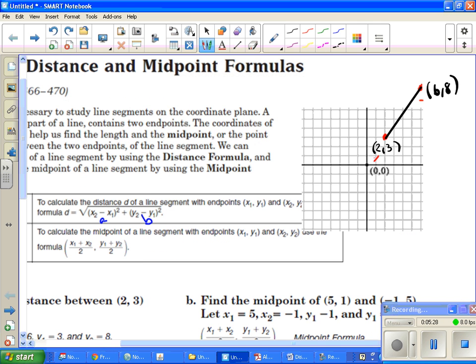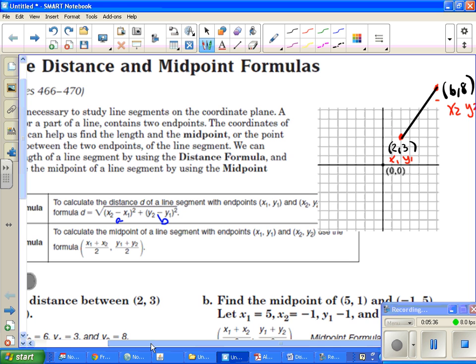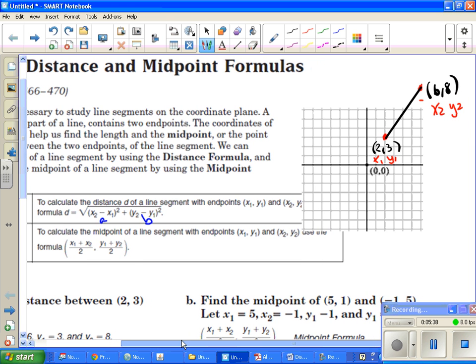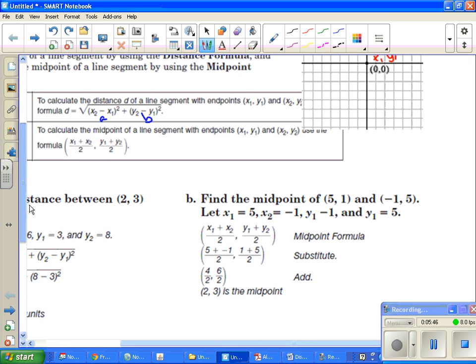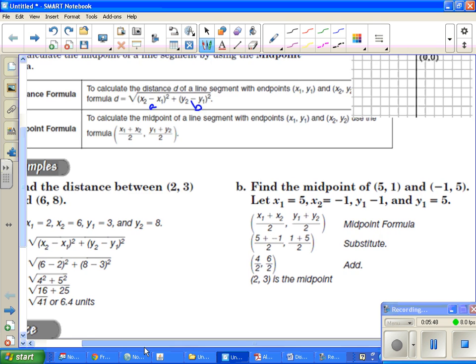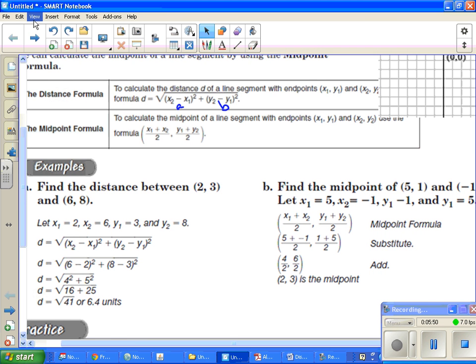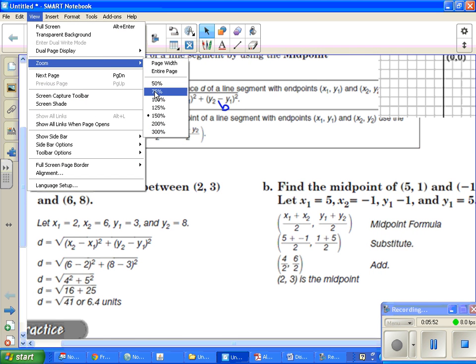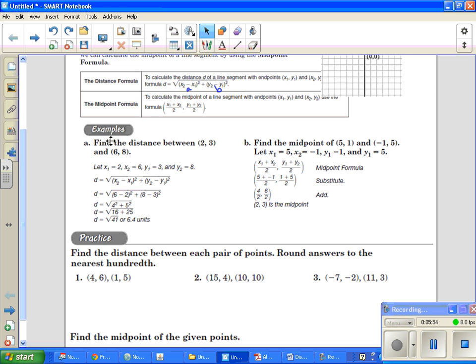So x1, y1, x2, y2. The first part of the formula says x2 minus x1. That would be 6 minus 2. So that's what we have here. Let me go back and zoom out.